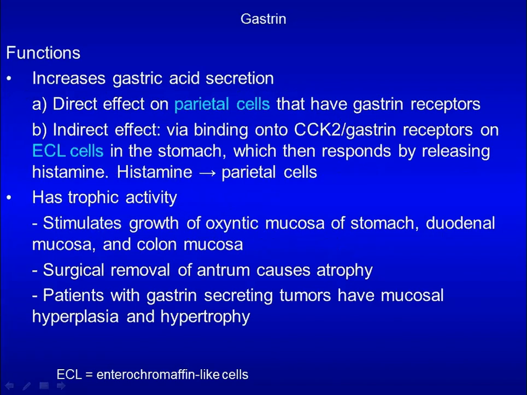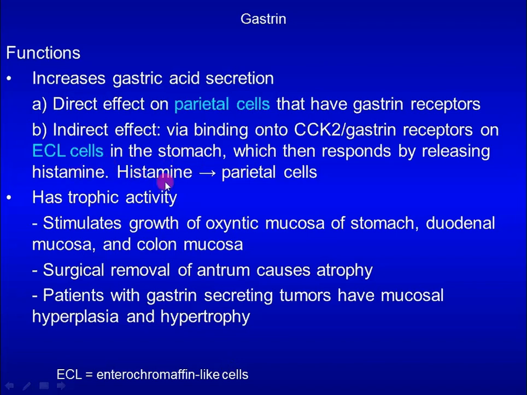Gastrin increases acid secretion. It does so by two mechanisms. First, it acts directly on parietal cells that have gastrin receptors. Second, it acts on enterochromaffin-like cells, or ECL cells, in the stomach, which then respond by releasing histamine.